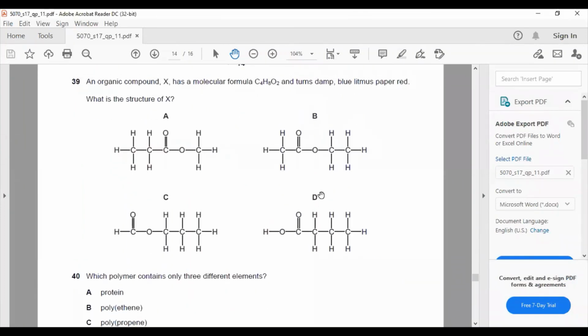39. An organic compound with molecular formula C4H8O2 fits CnH2nO2. This is for carboxylic acids and also esters, both of them.